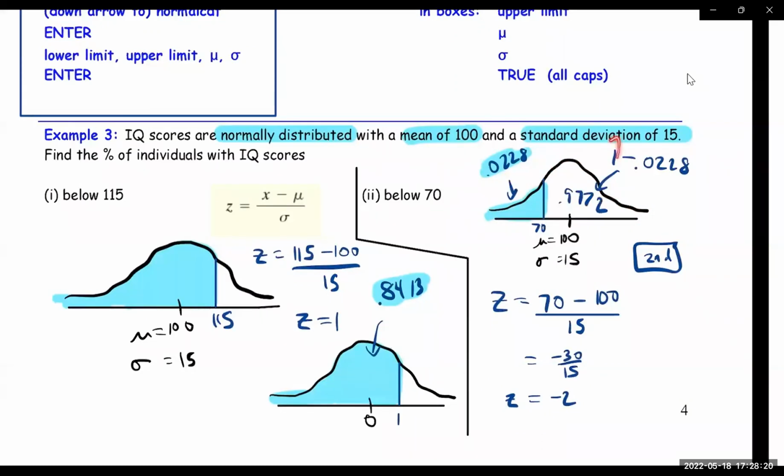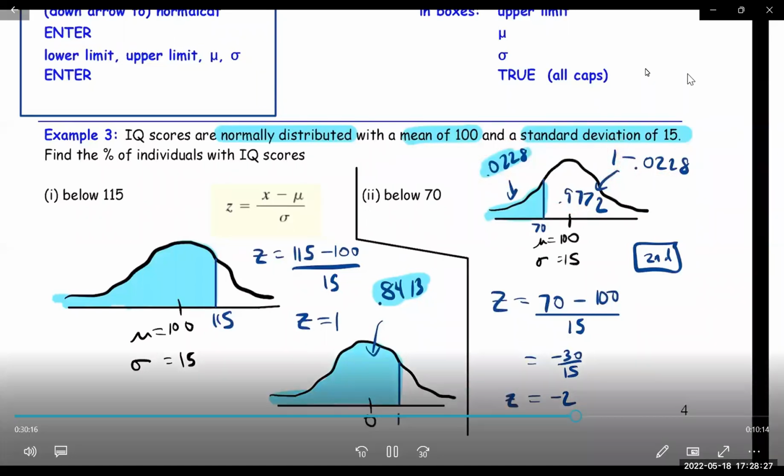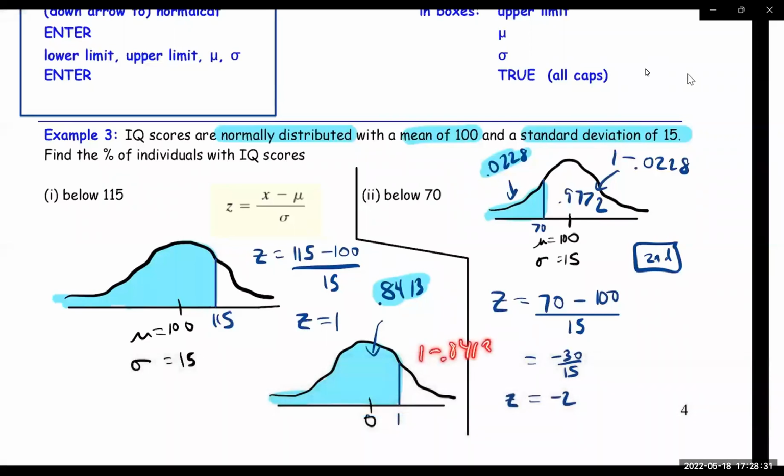So 1 minus this number gives you the right side. You can do the same thing over here: 1 minus 0.8413 is 0.1587. So you always subtract from 1 to get the right side.